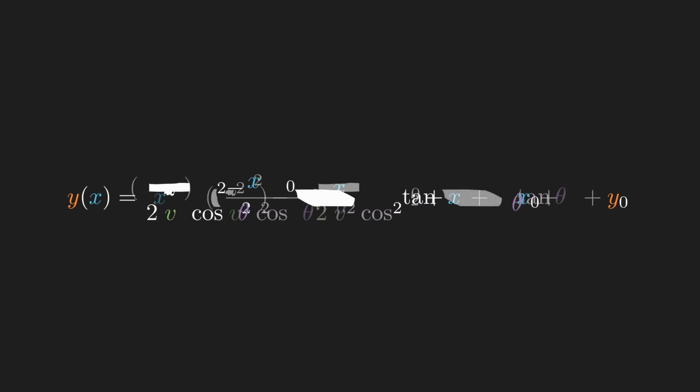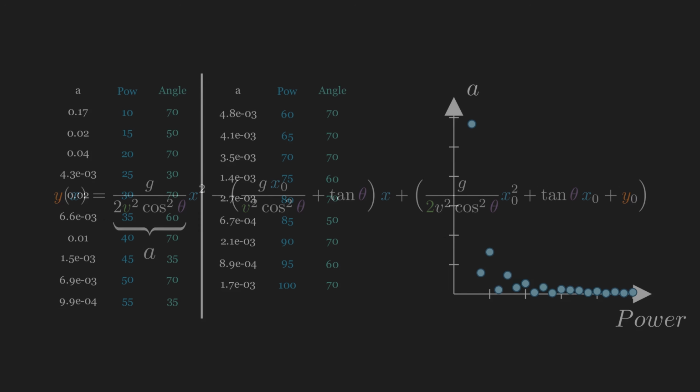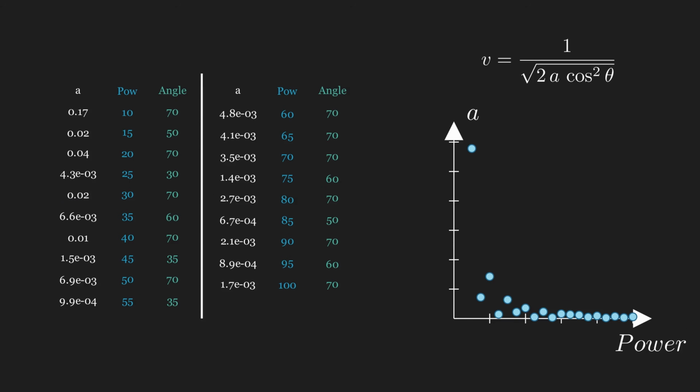If we think back to where it came from, we can use the A to calculate the velocity v. And if we plot that, we get our linear relation to the power just as expected. And we figure out all the necessary variables to describe the path our projectile will take.